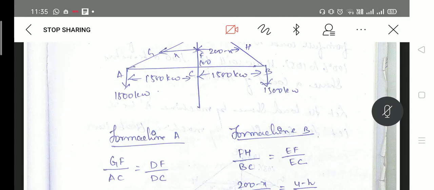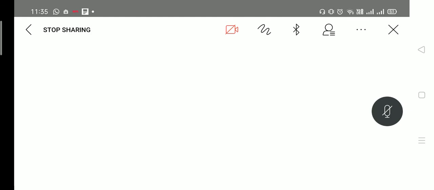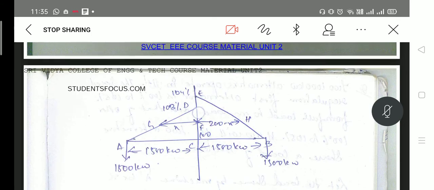For the first machine we can take GF by AC is equal to DF by DC. Here GF is the X and AC is the 1500 and DC is the 3%.